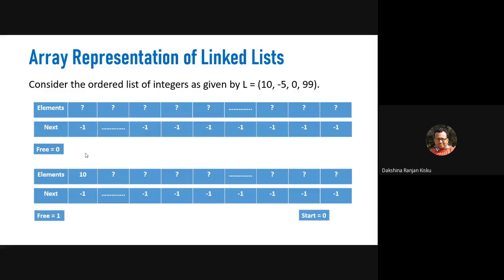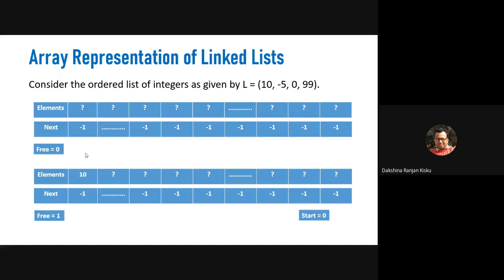Okay, so if we consider that the list will start from the third index, that means 0, 1, 2, 3. That means the fourth position. Okay, third index. So the first position is represented by zero index, then first index, then second index, and third index.